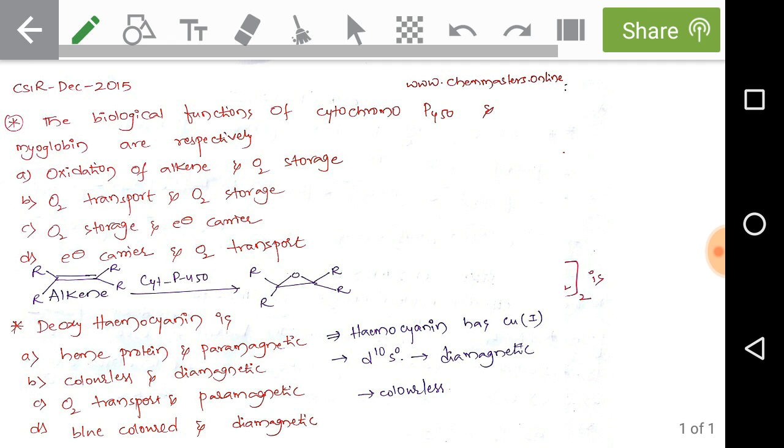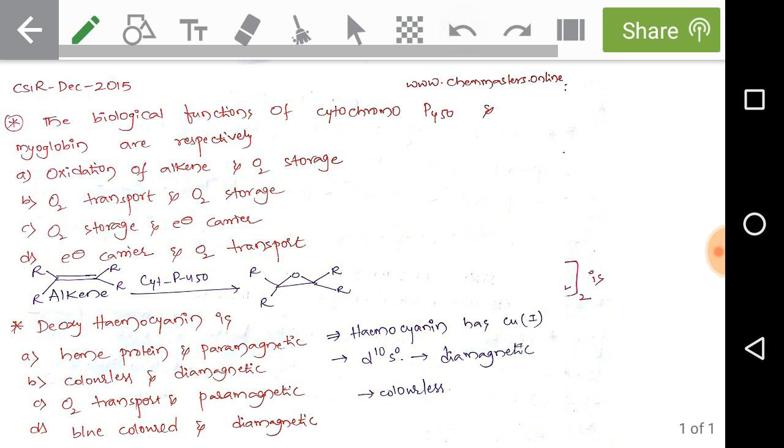Here hemocyanin has a copper active center with oxidation state +1. For copper with oxidation state +1, it has d10 electrons. That's why the d subshell is completely filled, hence there are no unpaired electrons in it, all are paired, hence it simply acts as diamagnetic.